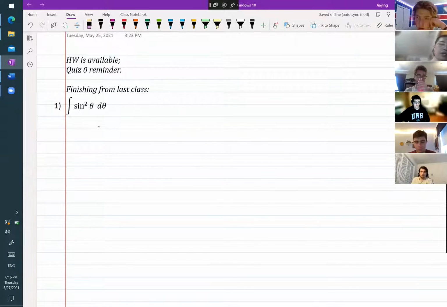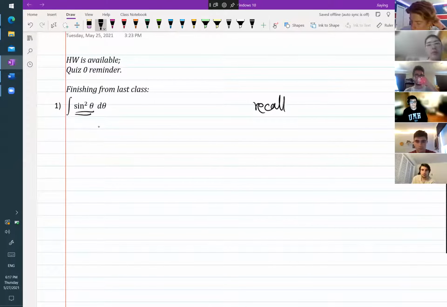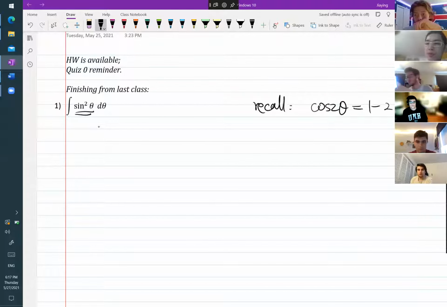So the trick here is to use a trig identity to rewrite sine squared theta. If you recall the double angle formula from trigonometry class, cosine 2 theta is equal to 1 minus 2 sine squared theta.